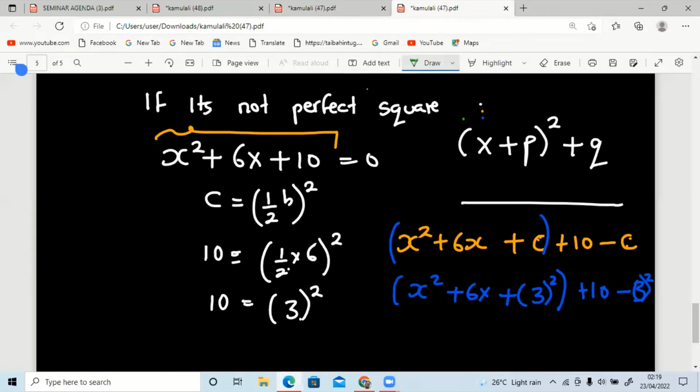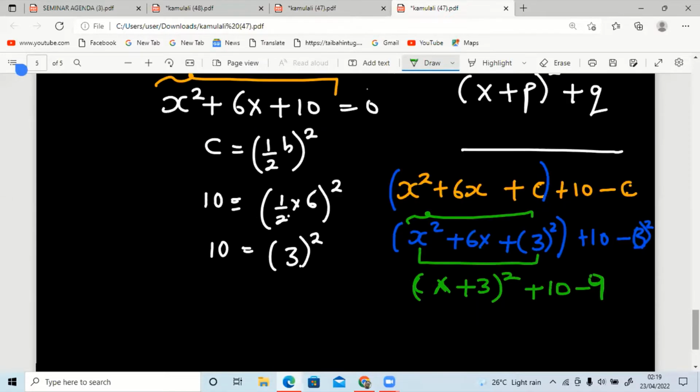This alone in the bracket, I do what I did last time. I get this x, I pair it with this. So this one will be x plus 3, all of it squared, then plus 10 minus, what is 3 squared? 9.